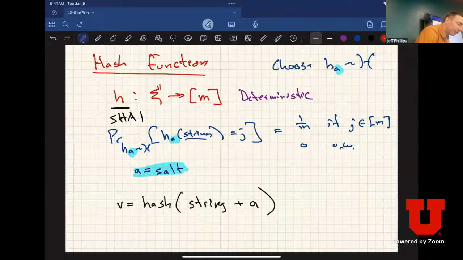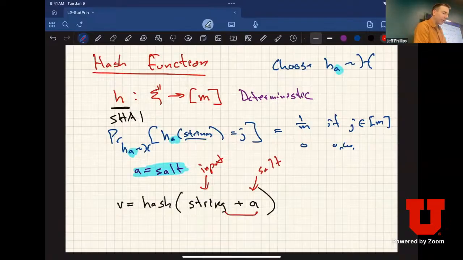So this will be the input that I'm hashing, and this will be the salt. And if I've concatenated these together, then if this A is chosen randomly or arbitrarily in a way that the hash function doesn't know about, then this output is going to act like this function here. So if you properly seed or salt your hash function, it will effectively act randomly.